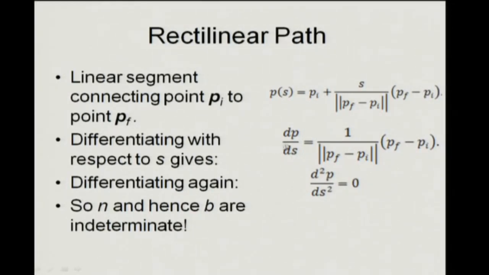Since dP upon ds is defined, you can see that the tangent vector is constant, and since d square P upon ds square is equal to 0, that means the normal vector is not defined. So again B is not defined, the osculating plane is not defined.